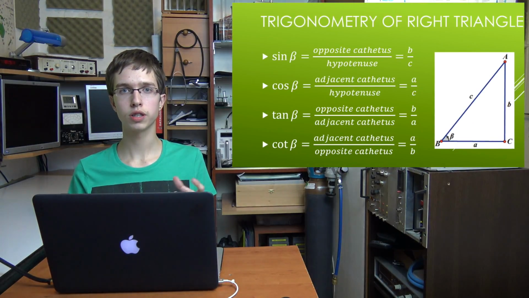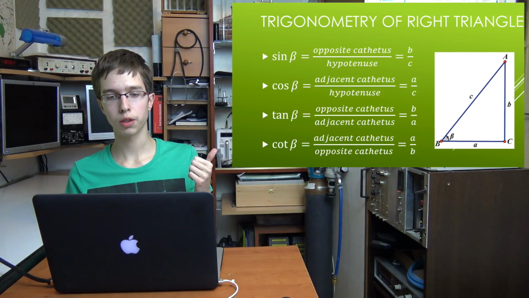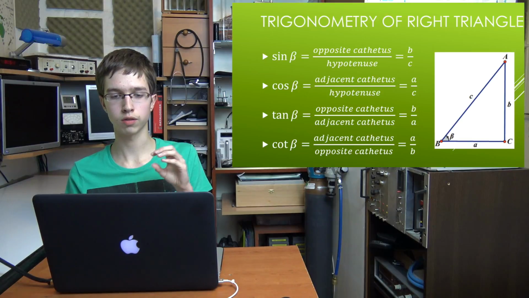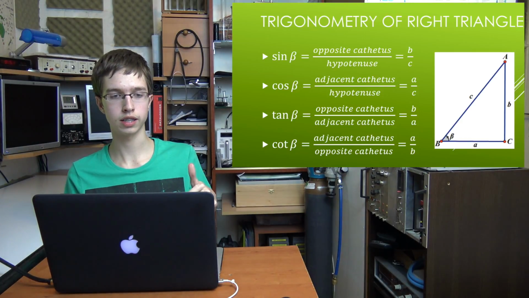We can also observe and define trigonometric functions via a right triangle. Here we have a right triangle with the right angle at vertex C, where a and b are catheti and c is the hypotenuse. We have here these four basic trigonometric functions: sine, cosine, tangent, and cotangent.